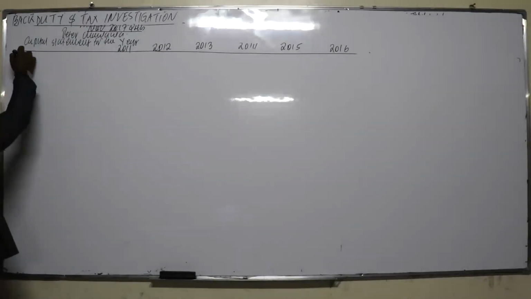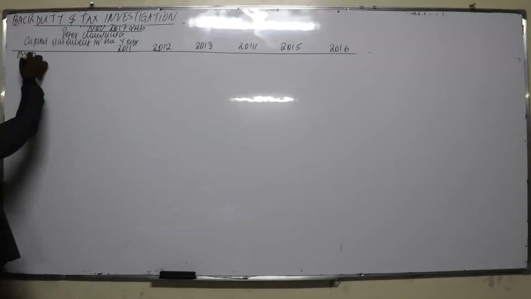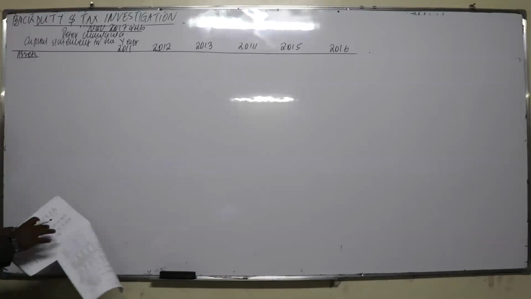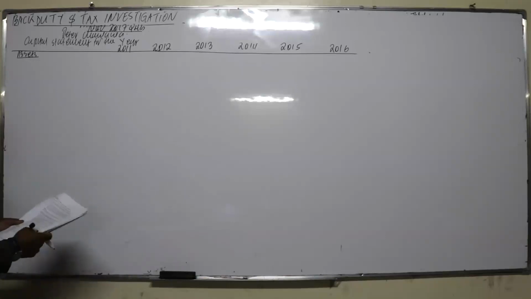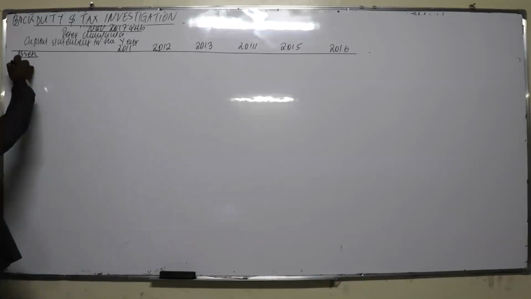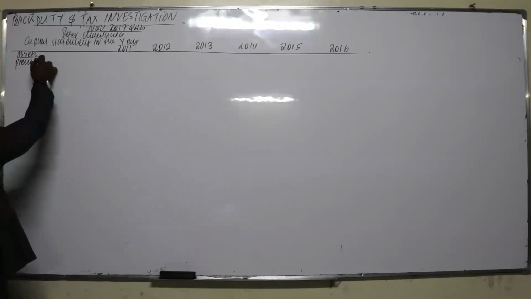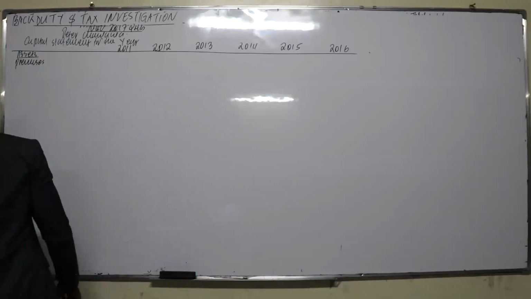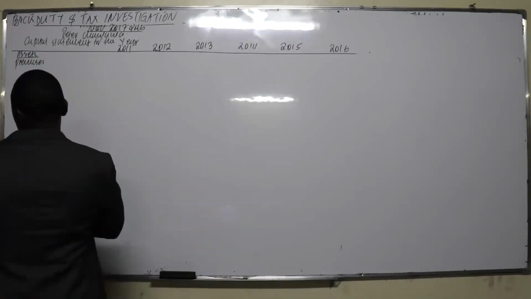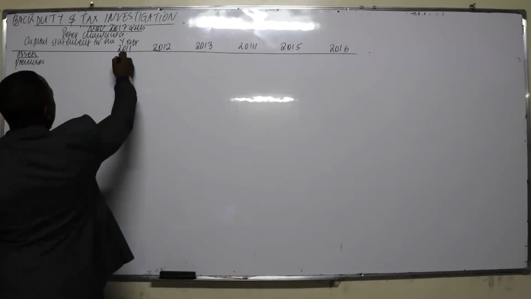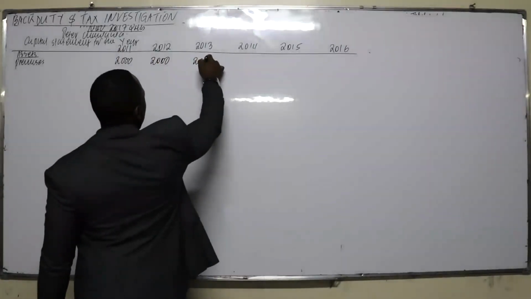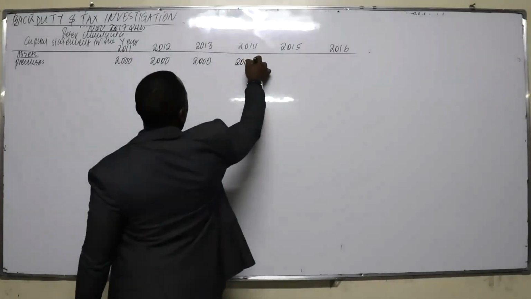So now let's start with the assets. For the assets, in this case, we have to determine individually. From the balance sheet, we have premises. How much was the value of the premises? Premises was 2,000.